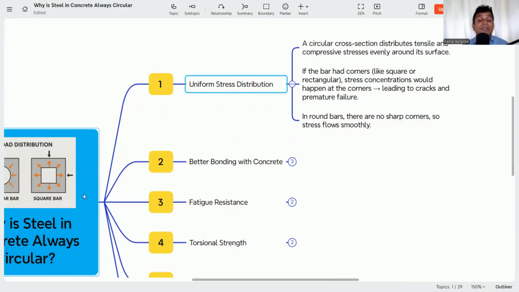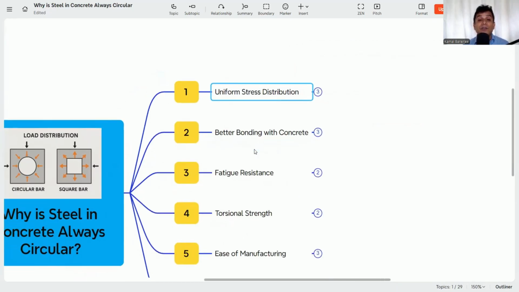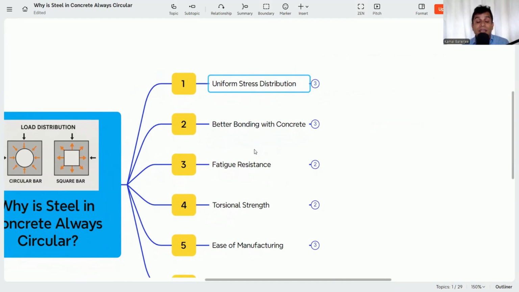To distribute the tensile stress evenly throughout the section, and for that the circular bar, for its shape, has no corner, and from the center of gravity every point's distance is the same, so it distributes load evenly throughout the section. So that is the main point: uniform stress distribution is the main point for the circular bar.